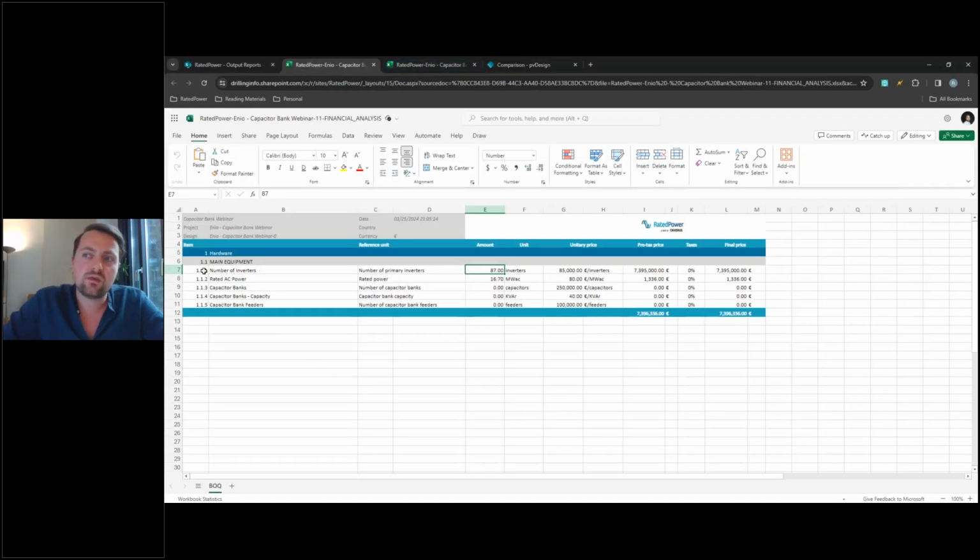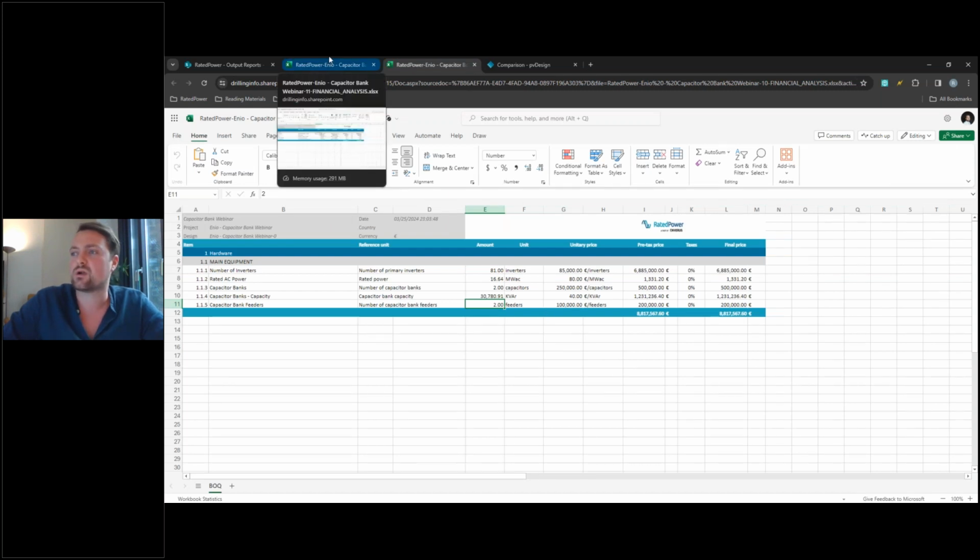I've limited the entries here just to the ones that are relevant to the inverters and capacitor banks, so I eliminated the others. Here we can find the financial analysis, the CAPEX, for two cases. This is the case of the design with the inverters only, and this is the case with the hybrid method, using both inverters and capacitor banks.